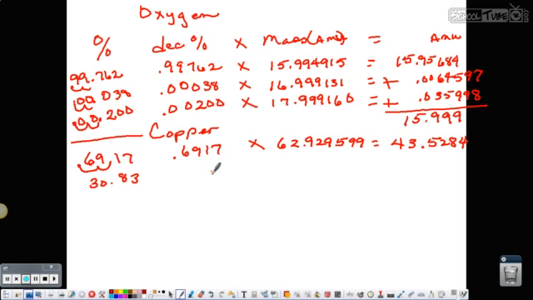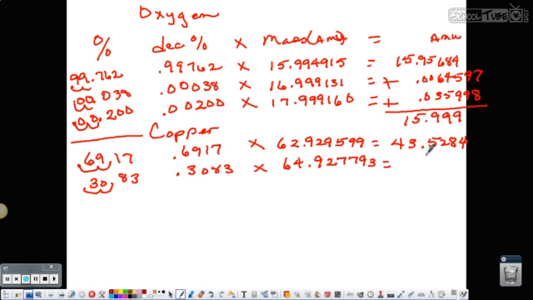The next percentage that's given is 30.83. When I move my decimal 2 places to the left, I get 0.3083 times the mass, 64.927793.